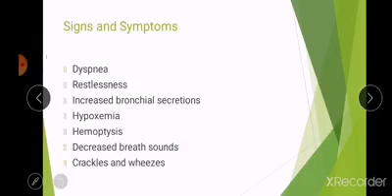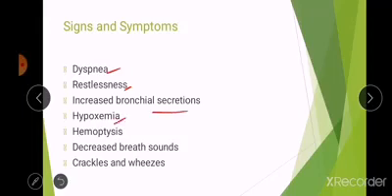So, what are the signs and symptoms? Sabi ko nga kanina, mayroong accumulation on the airway. So, nagiging narrow, kaya nagkaroon ng dyspnea. Okay, because of hypoxemia, si patient ay magiging restless. Okay, increased bronchial secretions, because of the accumulation of the fluid.